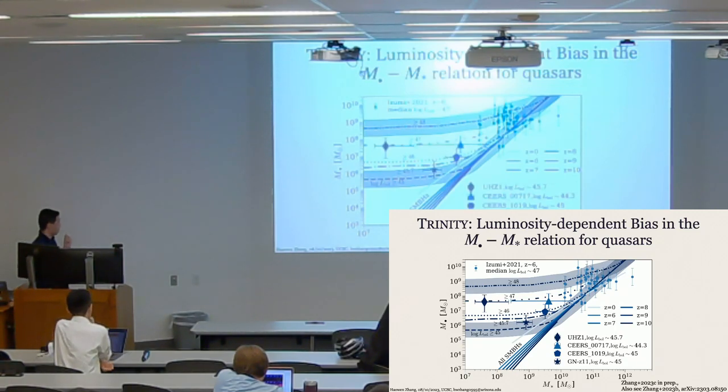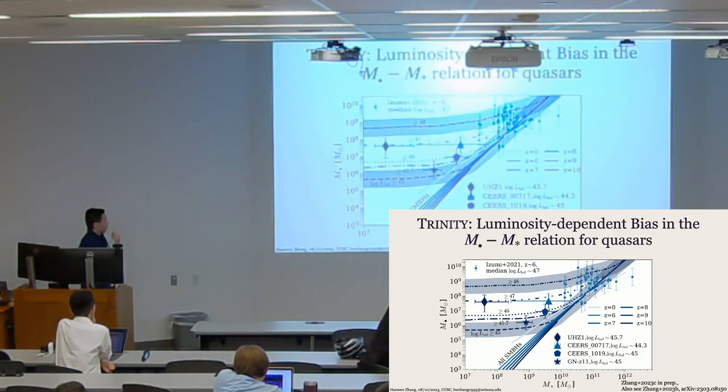And then here's all the JWST AGN or AGN candidates above redshift 7. Basically, they do have some significant uncertainties in both the galaxy mass and black hole mass.